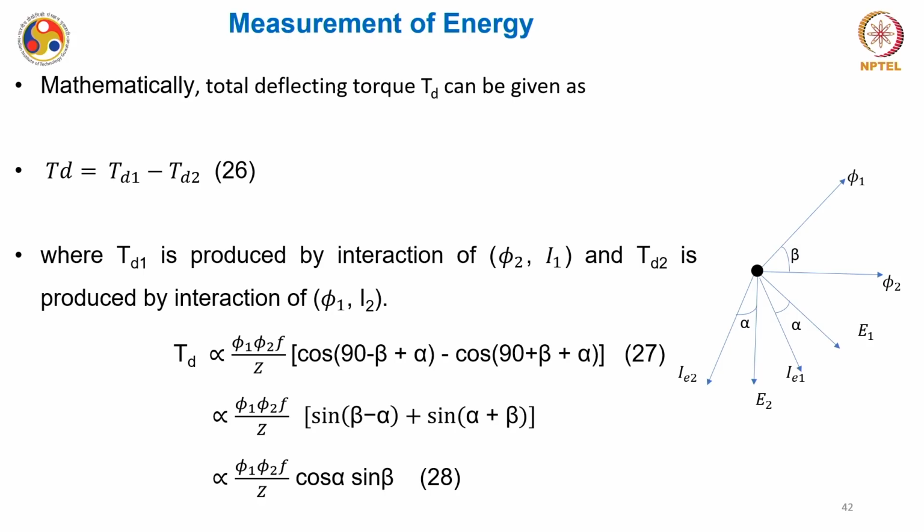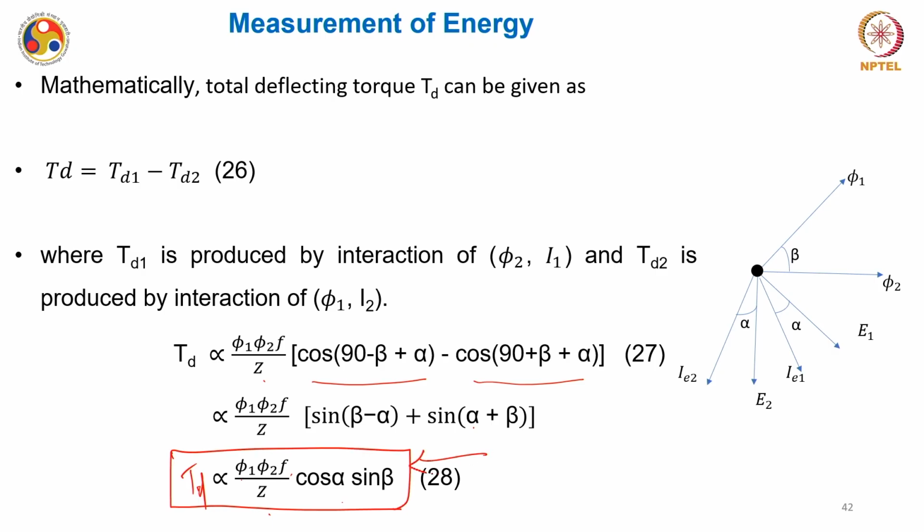So TD is directly proportional to phi 1 phi 2 f by z, and you have cos 90 minus beta plus alpha minus cos 90 plus beta plus alpha. And if you solve this, of course, I am not considering the mathematical constants, but if you solve this, TD, the deflecting torque, comes out to be phi 1 into phi 2 into f by z into cos alpha into sin beta.